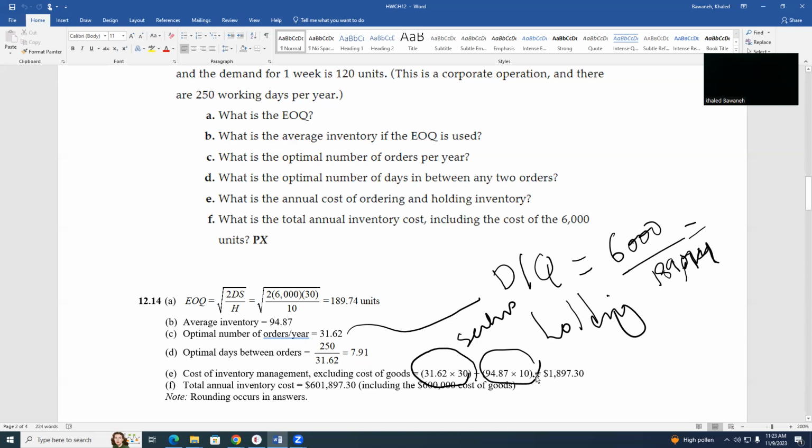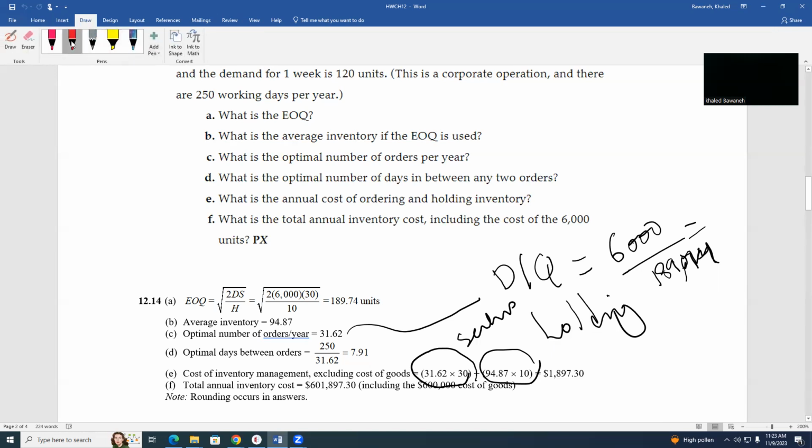So we said Q over 2 times H plus the setup cost, which is 10 times the average inventory plus the number of orders times 30. Total annual inventory cost.